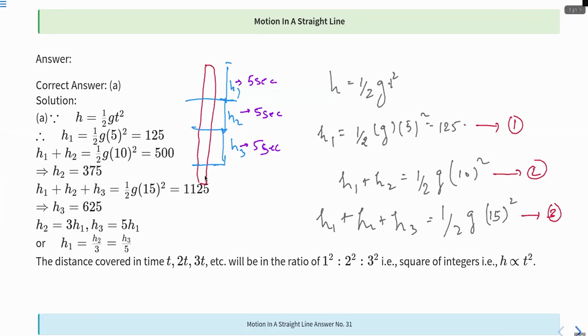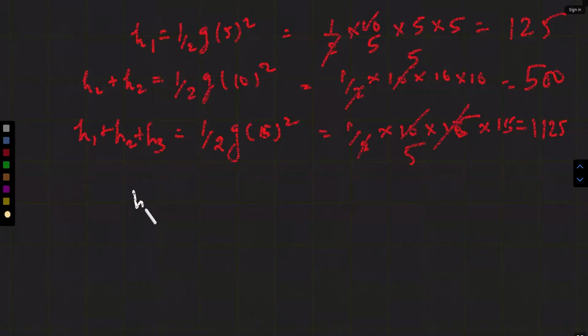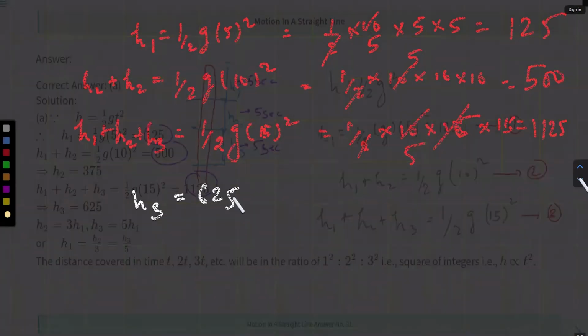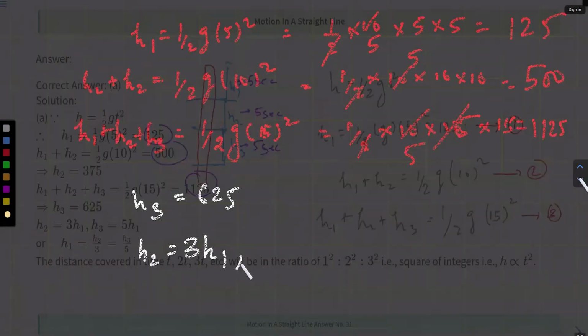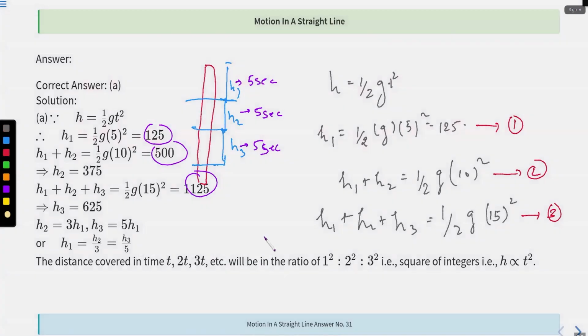Let's verify it once. Yeah, this is 1125, right? 1125, 500, and 125. So using this, what we can say is that H3 is 625. H2 is 3 H1, and H3 is 5 H1.